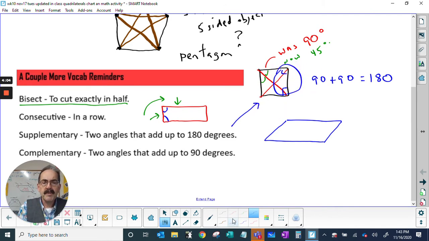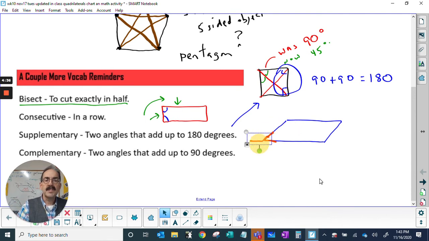But what happens if we have a different shape? If I take that shape and I take that shape, what happens if I take this shape and I reflect it, rotate it around?